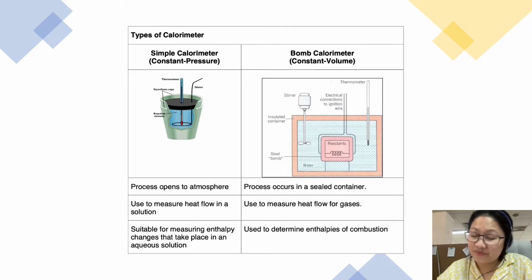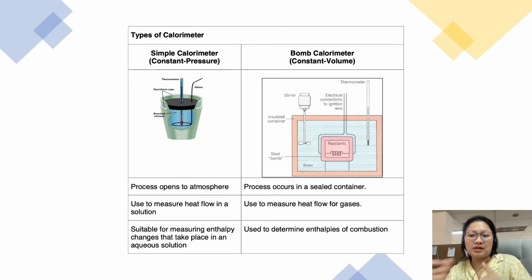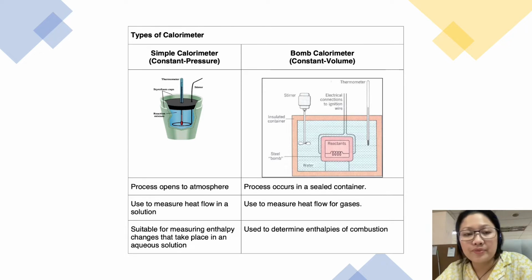As you can see here, it consists of a styrofoam cup, and then this is the lid to cover the styrofoam, we have a stirrer, and we also have a thermometer. If you already watched the video for experiment 2, you can see this simple calorimeter. You also can set it up, no problem.